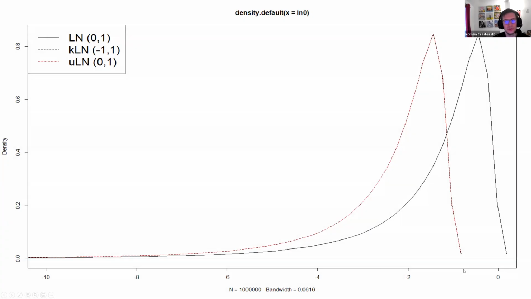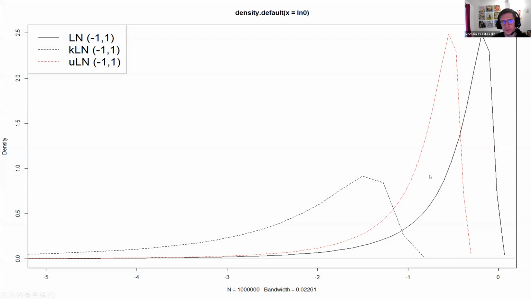Now, if kappa is equal to -1 and all the other distributions keep the same characteristics, this is the kappa shifted log normal distribution, which is the same as the mu log normal distribution.